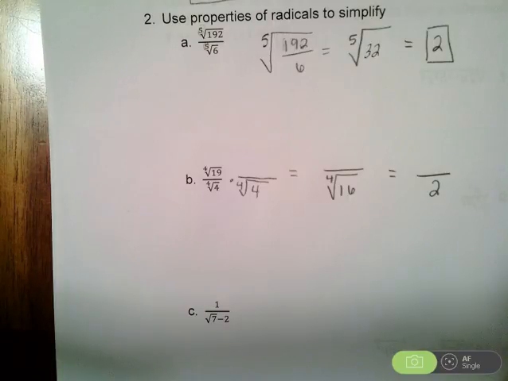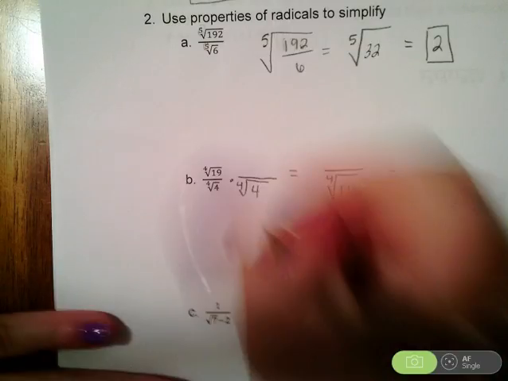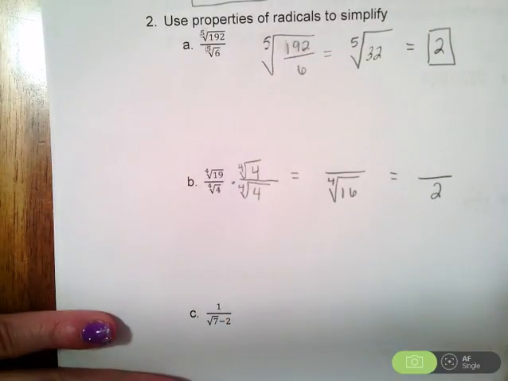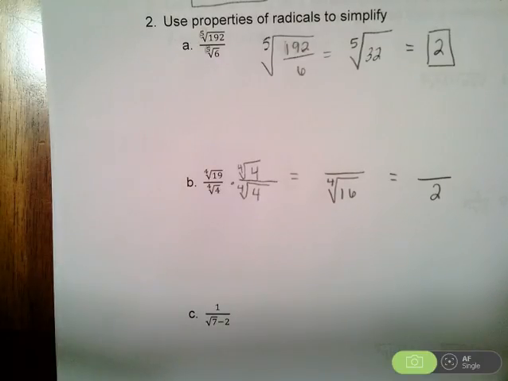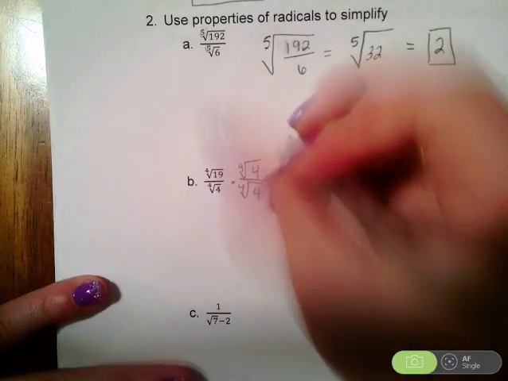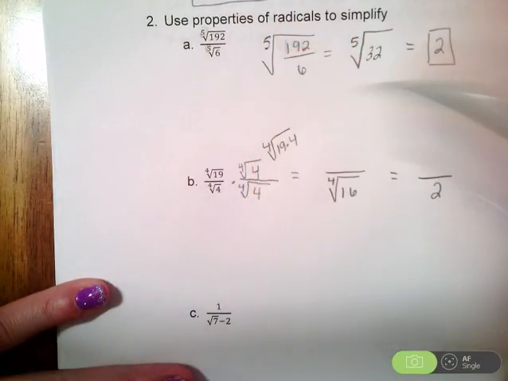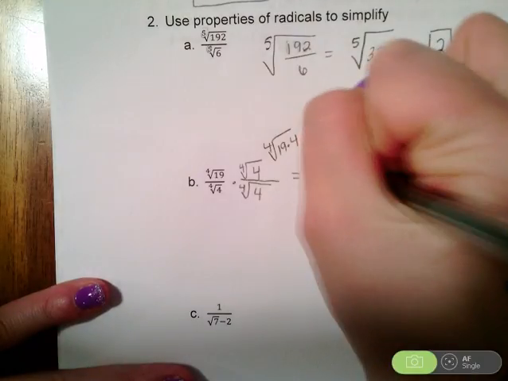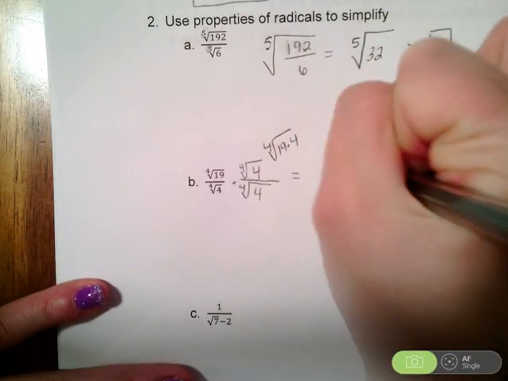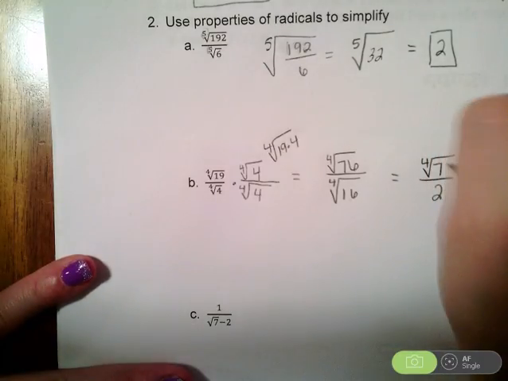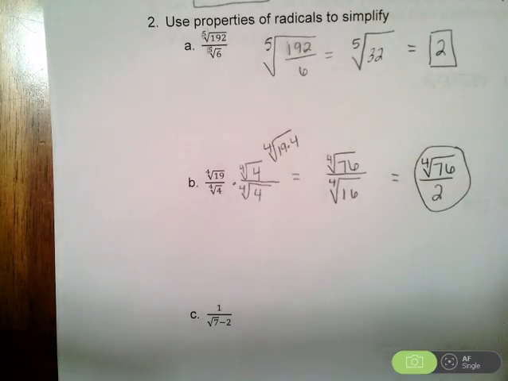But remember, whatever you do to the bottom, you must do to the top, or you don't have the same expression anymore. So then you can look at that as the fourth root of 19 times 4, which if you plug that into the calculator is the fourth root of 76. And the fourth root of 76, just take my word for it for time's sake, does not simplify, so you just leave it like that.